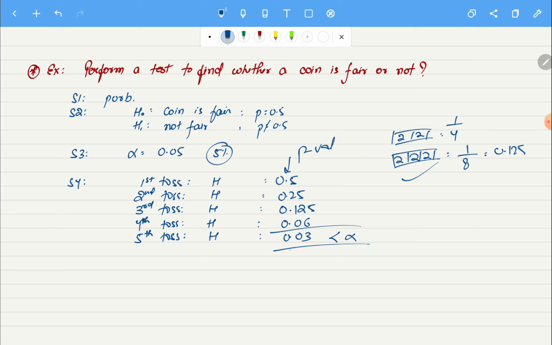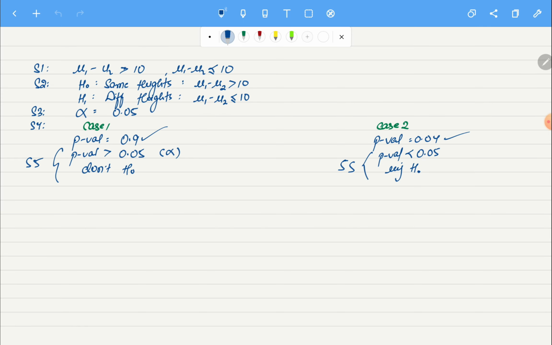Now we can say that the p-value is less than alpha, so we can reject the null hypothesis and we can say that the coin is not fair. That will be our step 5, where we say that p-value is less than alpha, so we reject the null hypothesis.